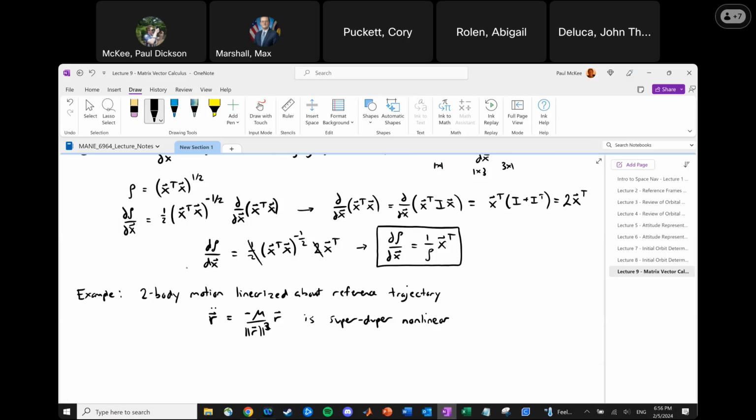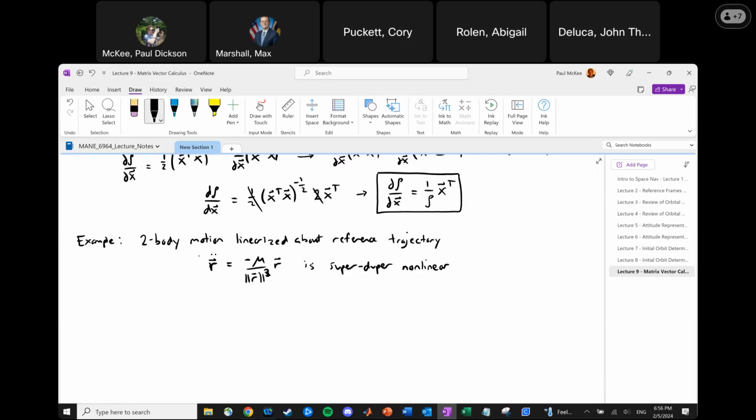Okay, so now in state space, which we're familiar with because we already put the two-body equations of motion into state space for homework 1, we're going to say that x, which is our state, is r and r dot, or v. Okay, so then x dot is equal to what?